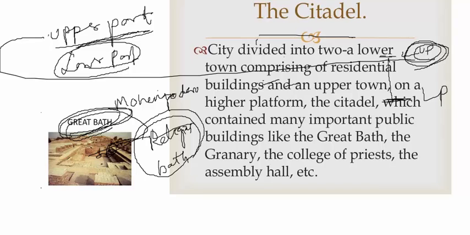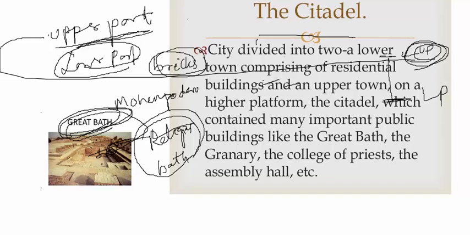The houses were made of burnt bricks. So the brick concept came in IVC times. You can remember that burnt bricks were used, and houses were built of those bricks.